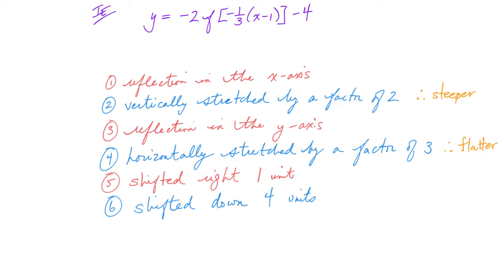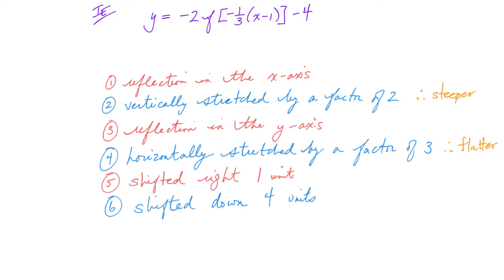Okay, number 1, I notice that my -2 out in front is negative, so I have a reflection in the x-axis. That 2 out in front is a vertical stretch by a factor of 2. And remember, we always state the result of our graph, so therefore it's steeper. I jump to the inside value that's attached by multiply, and I notice that it's negative, so I have a reflection in the y-axis.